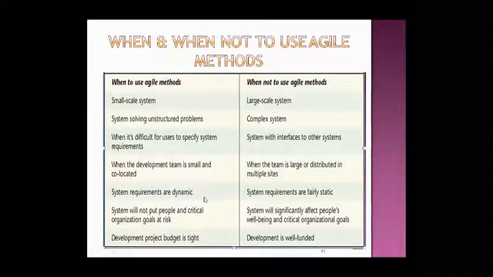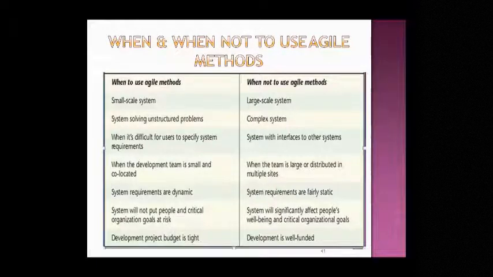When the system requirements are dynamic, you can use the Agile. If not, and the system requirements are fairly static, don't. Another one, you can use Agile if the system will not put people and critical organization goals at risk and the development project budget is very tight. Or in short, you have only a small budget.